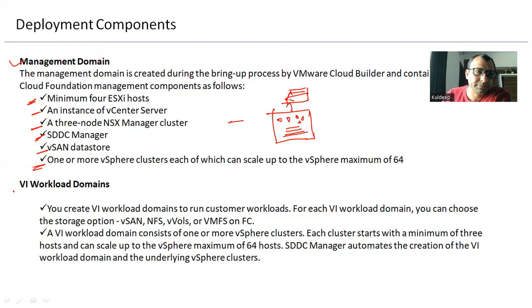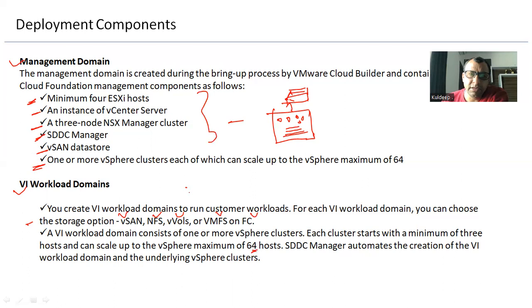When we talk about VI workload domains, you can create a VI workload domain to run the customer workload VMs. For each workload domain, you have a choice of selecting the type of storage: vSAN, NFS, vVol, VMFS, or FC. These are all the flavors of storage that you can use while deploying any VI workload domain cluster under a workload domain. Each cluster has the default limit set by VMware, whether it is my management cluster or a VI workload domain cluster.